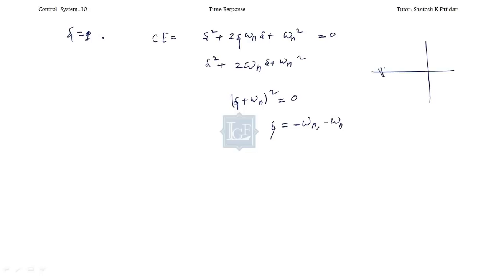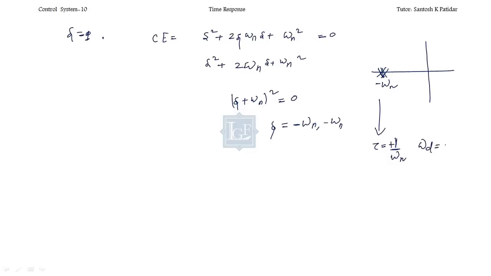It's kind of like this. See, two poles are repeated at the same point, and that is minus omega n. What will be the time constant of the system? It will be 1 by omega n. And if I ask you, what is omega d?